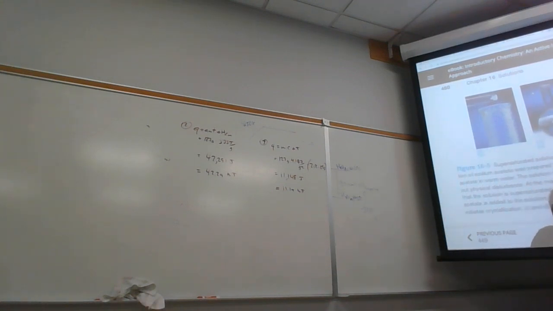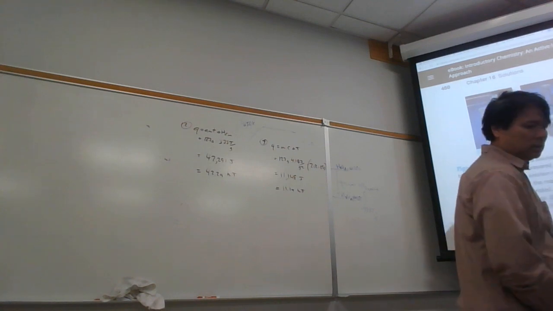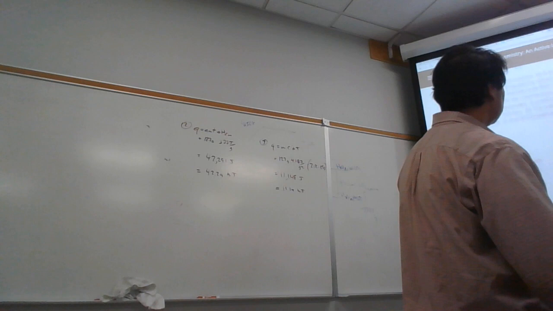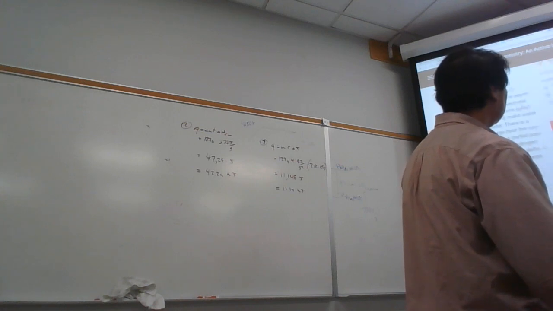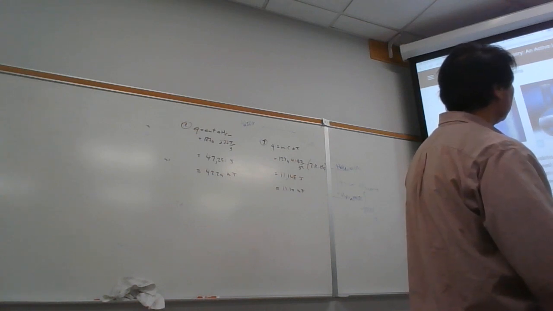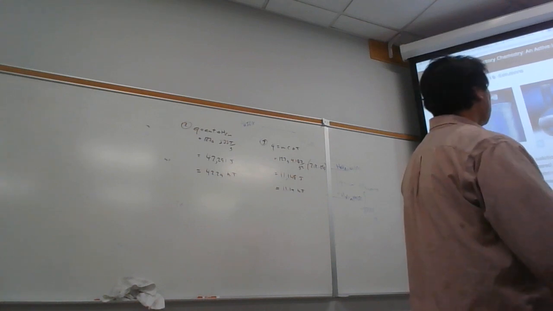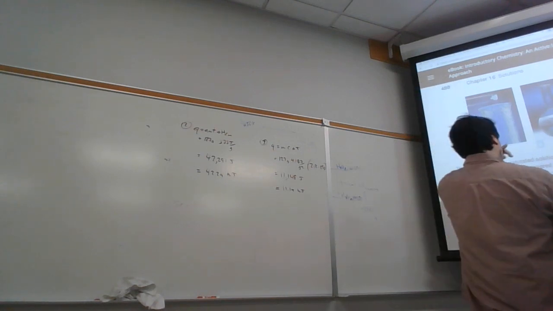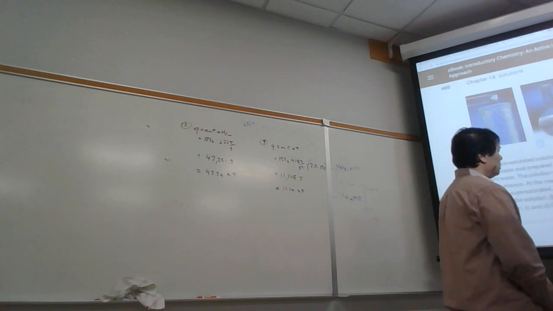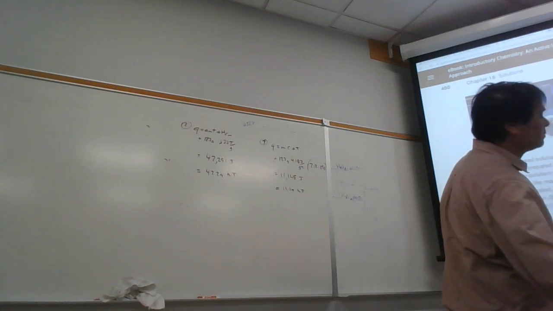So this is supersaturated. Sometimes they're easy to form, sometimes they're really difficult to form. Other things that help crystallization are things like scratches on the inside surface. Stuff like that.